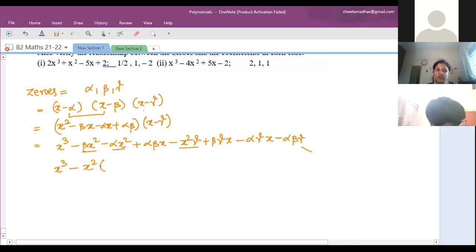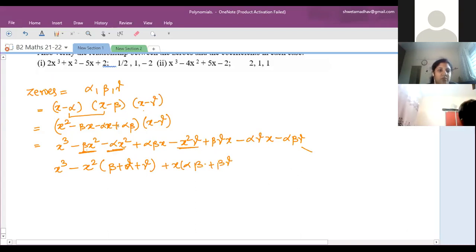Minus x square, if you take common, then it will come beta plus alpha plus gamma. So this is minus we have taken common, so it is plus beta plus alpha and plus gamma. And then x terms together. Oh, sorry, this is minus.